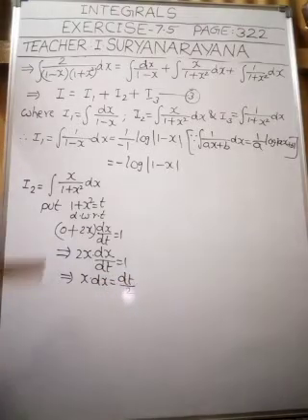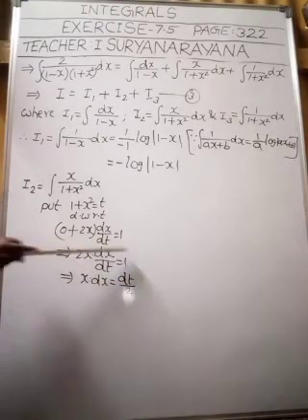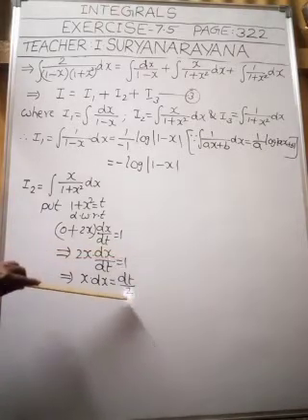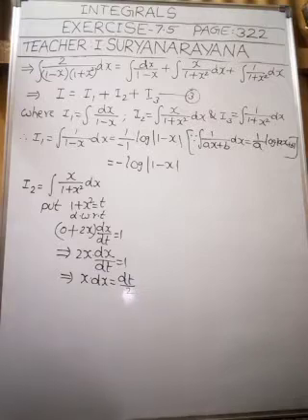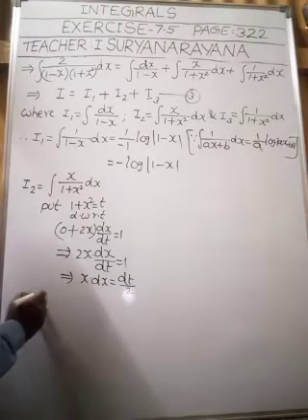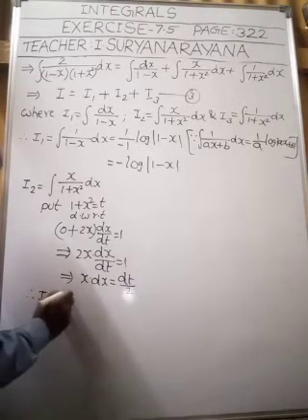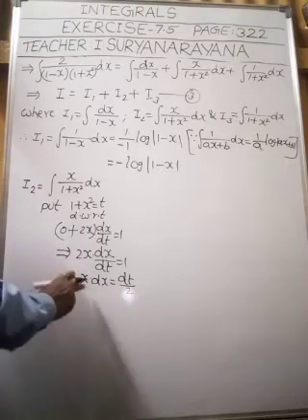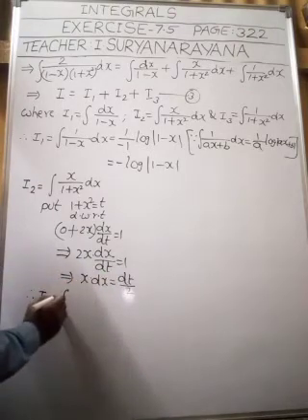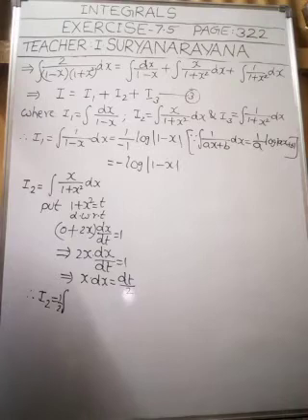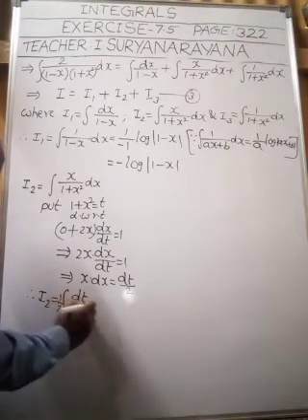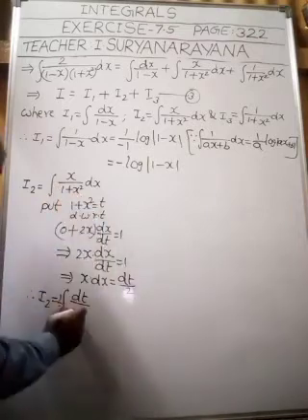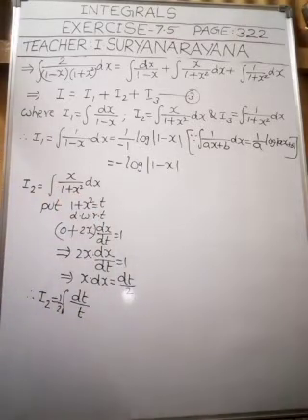Okay, my children, here 2 by dt is there. We wrote its reciprocal. Then we get this step. Understood this step, my children? Right. Therefore, I2 is equal to integral x dx is 1 dt by 2. So 1 by 2 I am writing outside as the numerical coefficient, dt by 1 plus x square, which is taken as t. Understood this step, my children? Right.